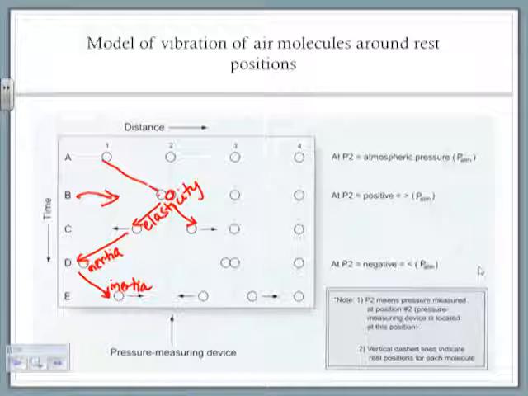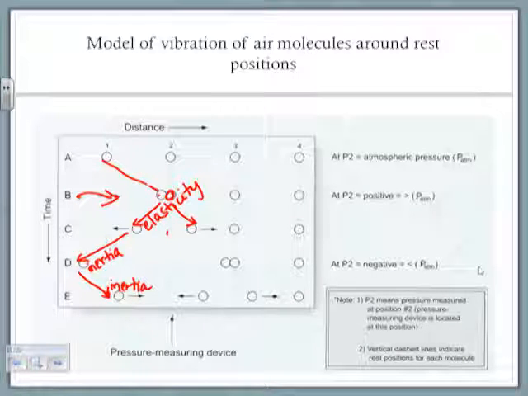Now, the same position 2 at time point C, there are no particles right here in position 2, meaning they're apart, there is less density of the particles, and there is negative pressure relative to atmospheric pressure. Okay, so three pressure things that I want you to know.